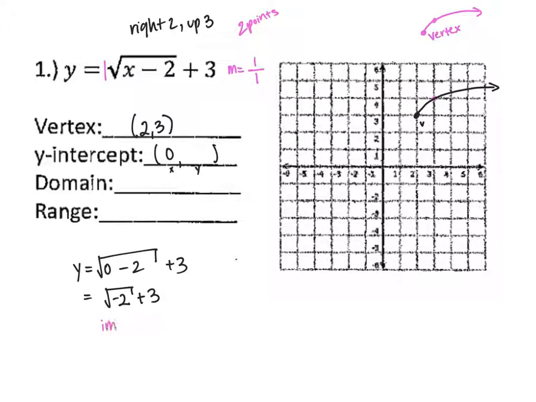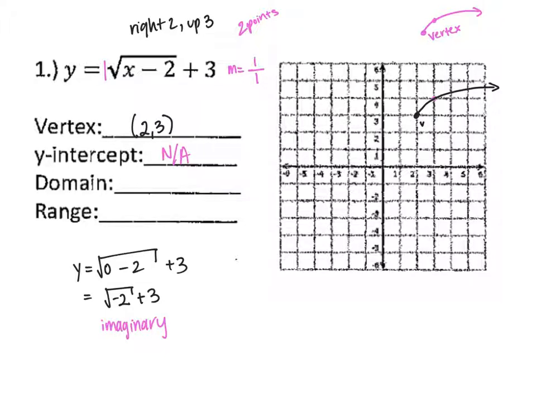If I have an imaginary number, it's not going to appear on my graph, right? So there isn't a y-intercept. I'm going to put NA, or not applicable.